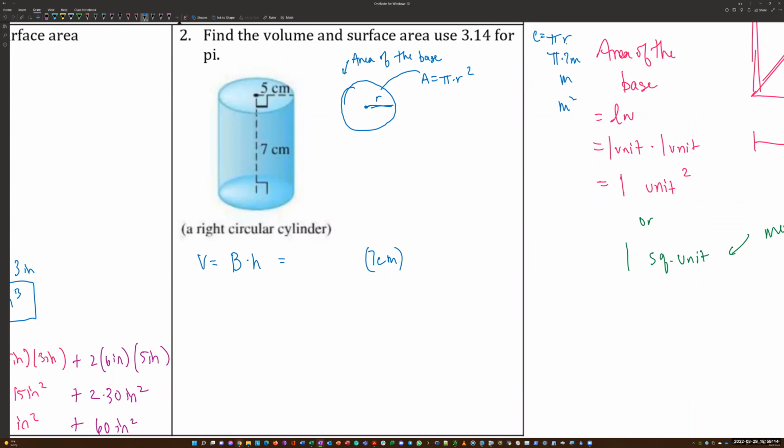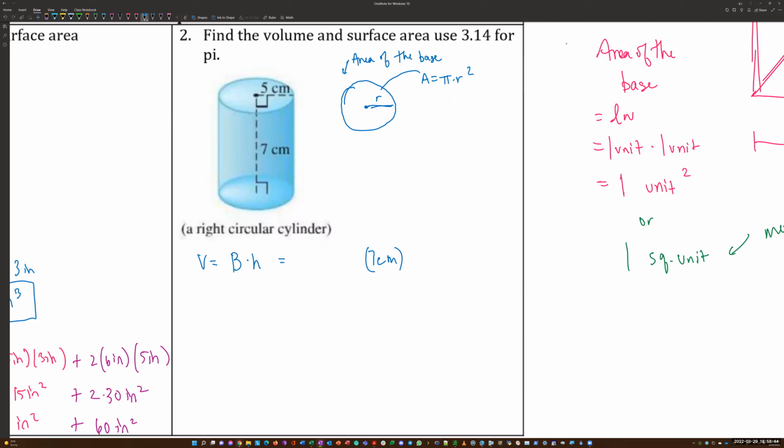Whereas this formula has pi times r in meters times r in meters, which means we end up with meters squared. So if they say area, it can't be just pi times r, because there's only a length there.